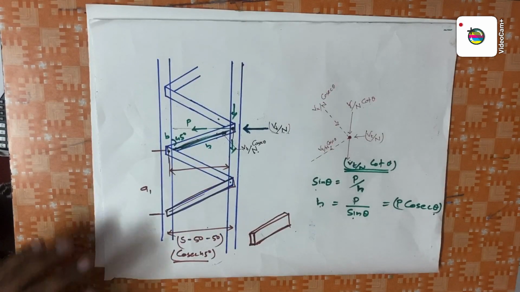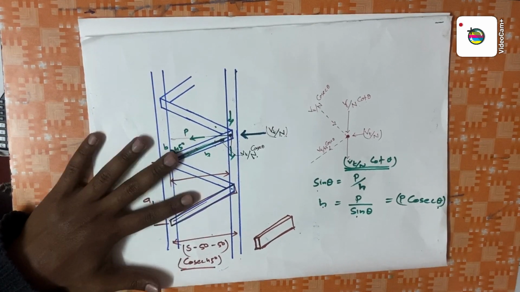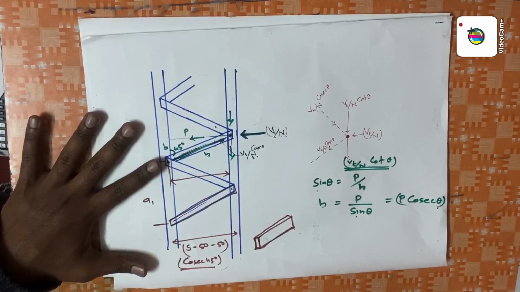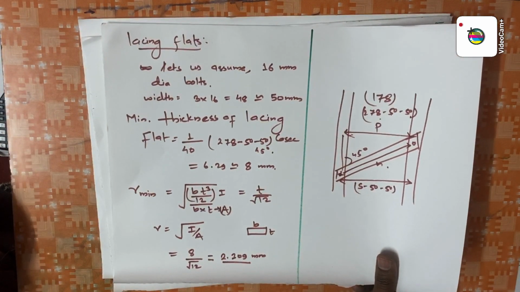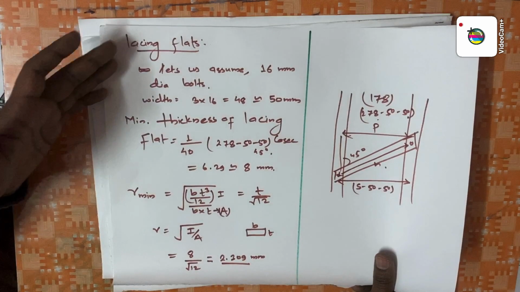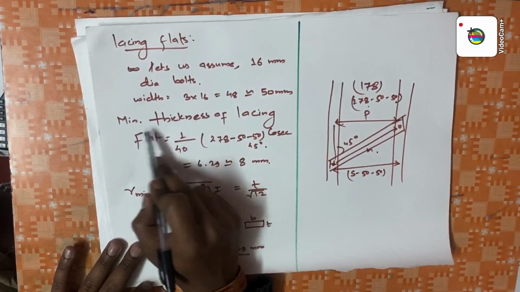Okay, so the numerical we solved is a single lacing system. Sometimes they might ask you a double lacing system. In double lacing system, please don't forget, we calculate the minimum thickness of lacing flat.